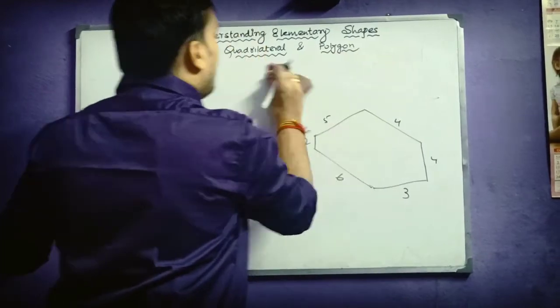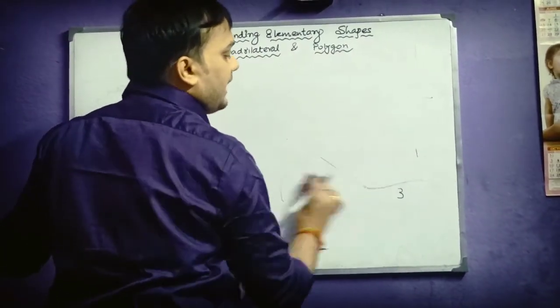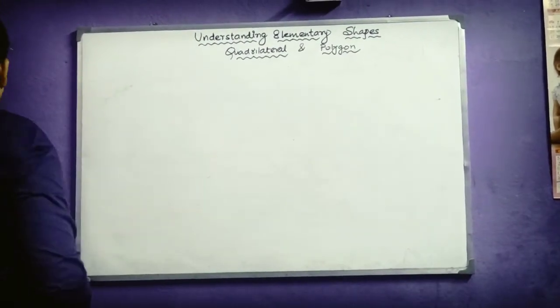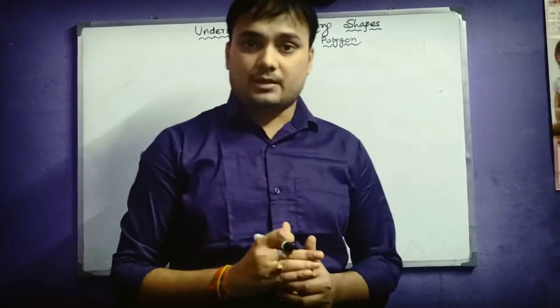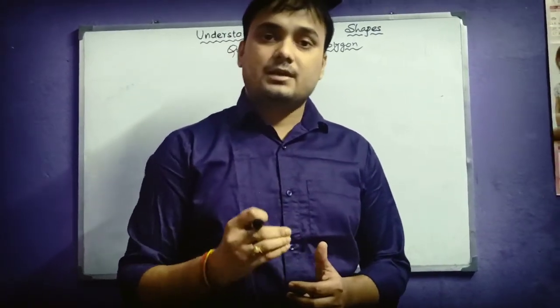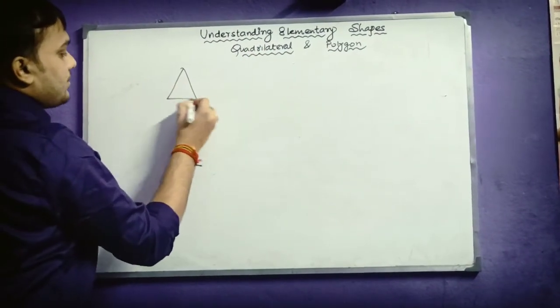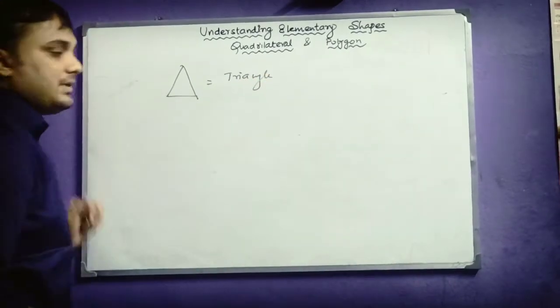Actually, a polygon can be formed with a minimum of 3 line segments. So a polygon cannot be formed if you have 2 line segments. So the least polygon is with 3 line segments, and that is a triangle. Okay, so a triangle is also one type of polygon with 3 sides.